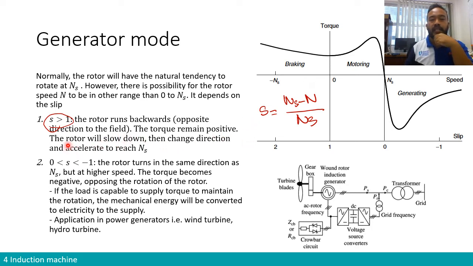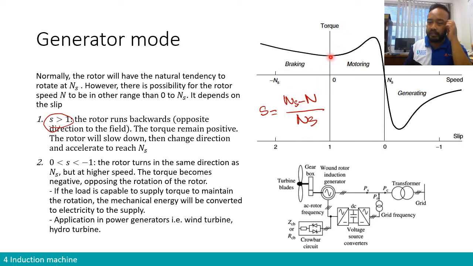So what's going to happen is that due to the torque, the rotor will slow down, right? And then it will change direction and accelerate back to the synchronous speed. So this is the condition where, for example, you are at 0 over here, at a rotor speed equal to 0, and then we have an S at a certain value.